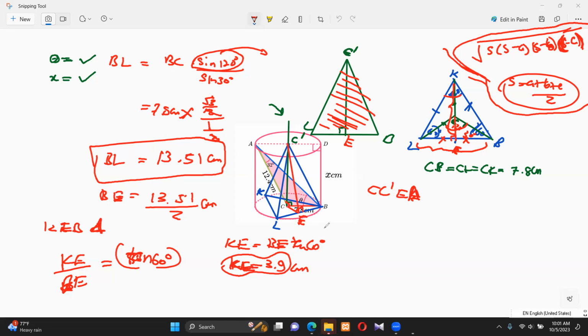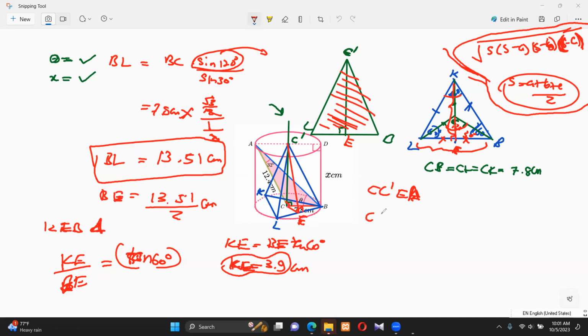Right. Okay. Maybe I don't remember. What about little x? Okay, I'll recompute that, right? So C prime E can be considered.